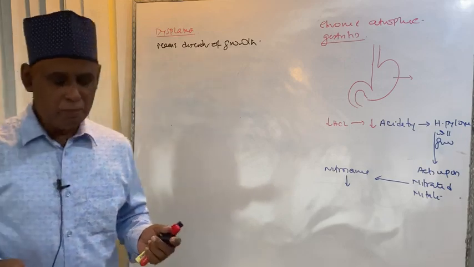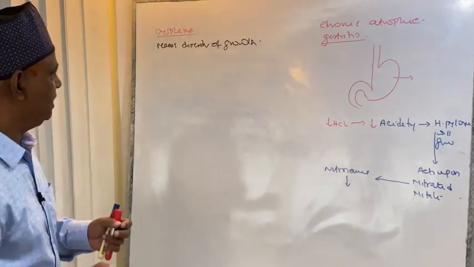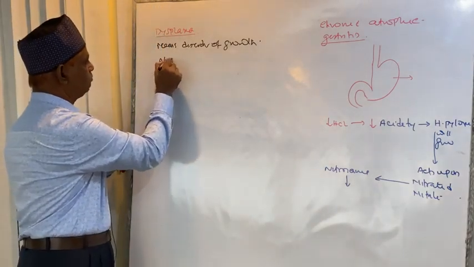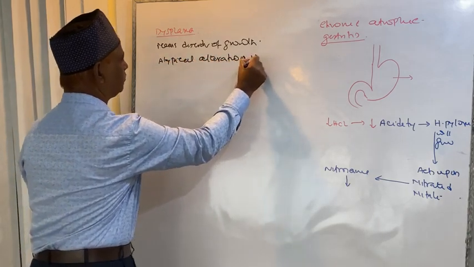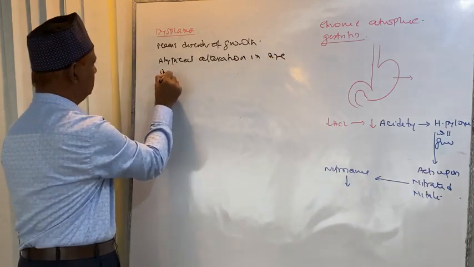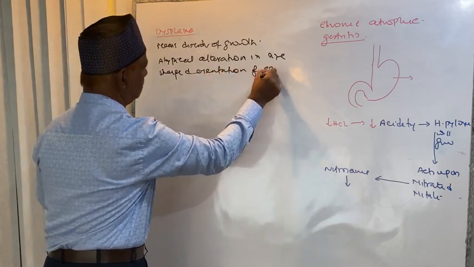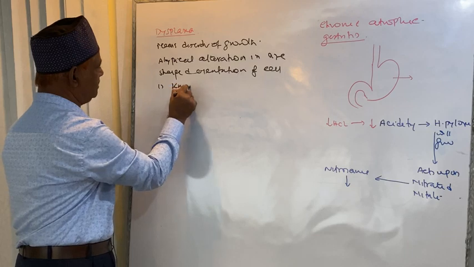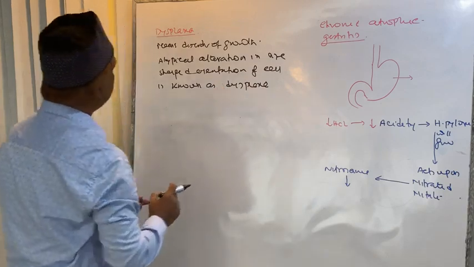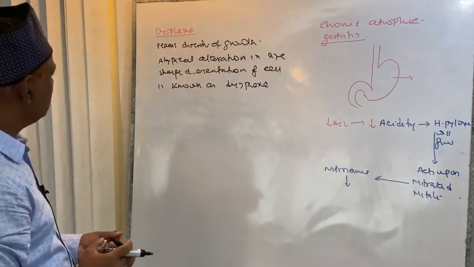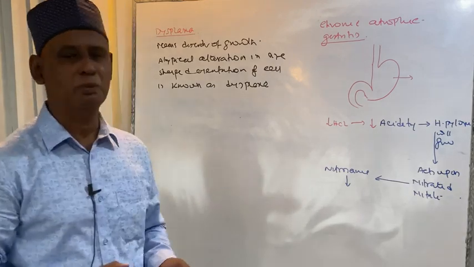That is, atypical alteration in size, shape and orientation of cells is known as dysplasia. So it is disorder of growth where there is atypical alteration in size, shape and orientation of cells.